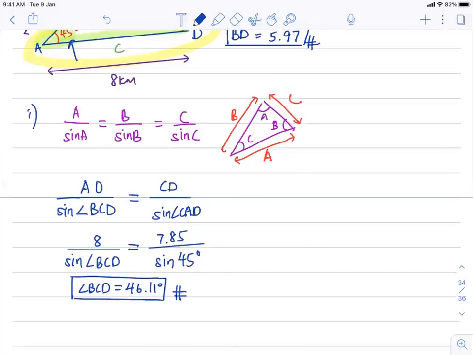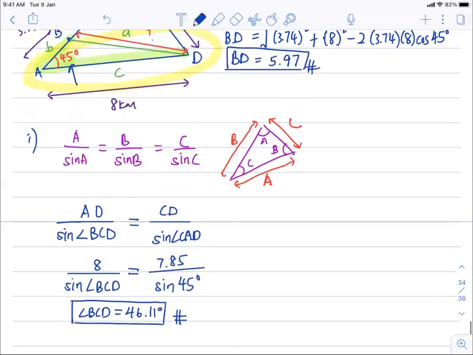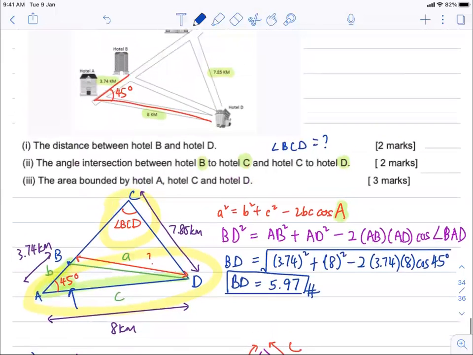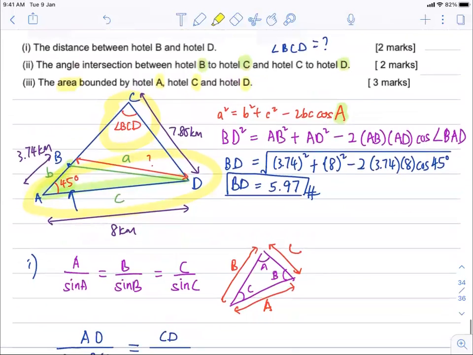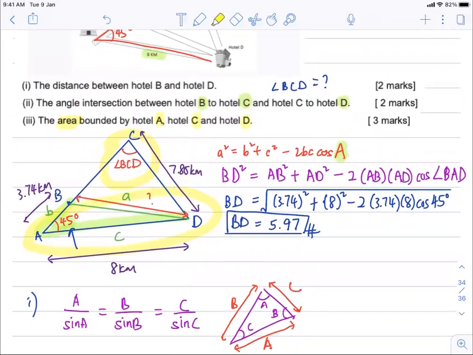Okay, now let us move on to part 3. Part 3 asks us to find the area bounded by hotel A, C, and D. So the ACD basically is A, C, and D, right? So we want to find the area for the whole triangle.